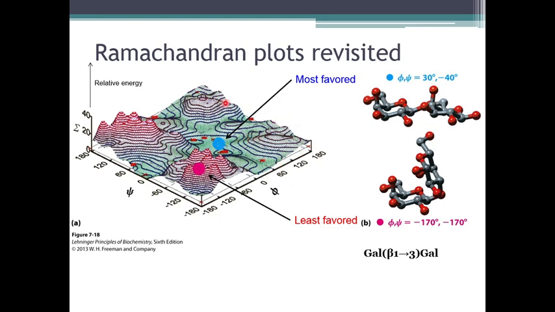What this plot tells you is that for a disaccharide such as Gal beta-1,3 Gal, the most favored conformation is when phi and psi are about 30 degrees and minus 40 degrees, which looks like this. This involves the maximum hydrogen bonding ability. Whereas phi and psi values of minus 170 and minus 170 are least favored for this molecule.